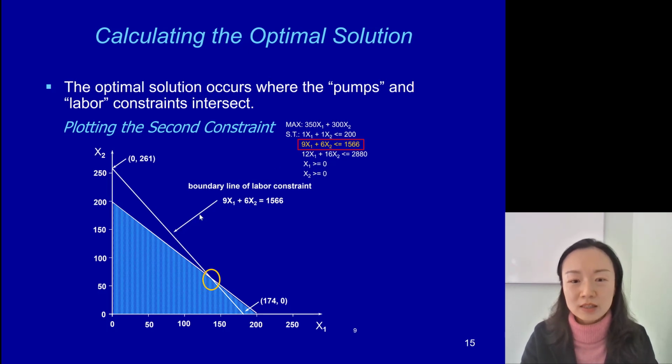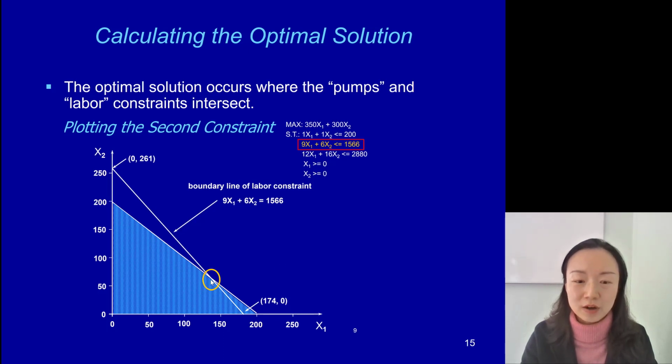And to calculate this optimal solution, because now we know that the optimal solution occurred at this corner point here, this is where the pump and the labor constraint intersect. Recall that when we draw this feasible region, this point came after we draw this second line representing the second constraint, when we already had the first line here.